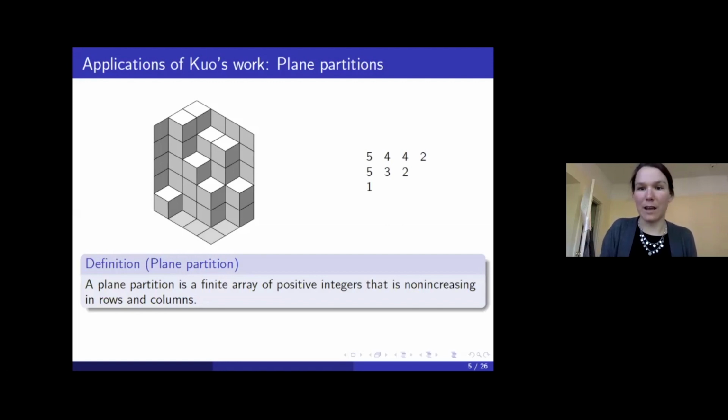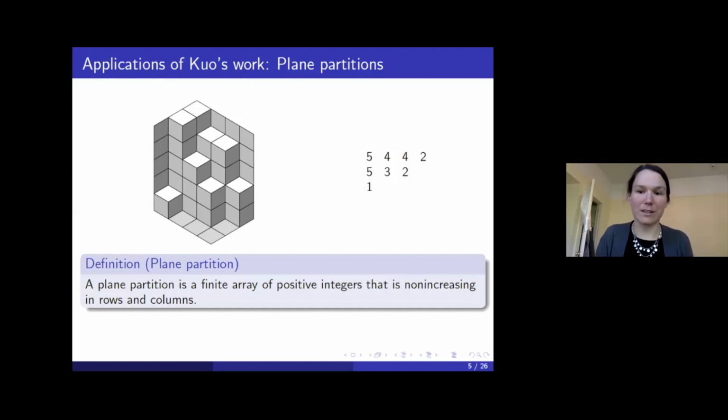And the way to get from the definition to the interpretation as a pile of boxes in a corner of a room is that, for example, this first row 5, 4, 4, 2 is represented by the picture in that there's a stack of 5 boxes and then a stack of 4 boxes and a stack of 4 boxes and a stack of 2 boxes. So that's a plane partition.